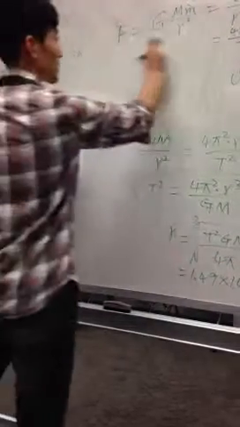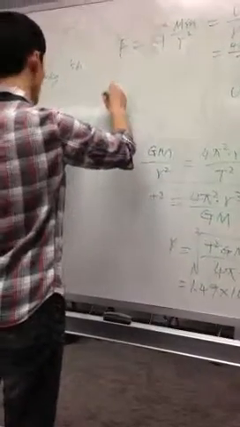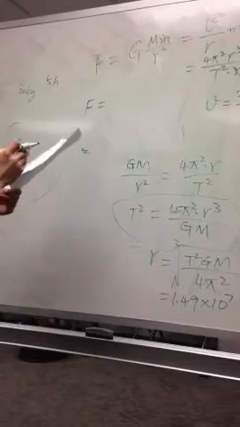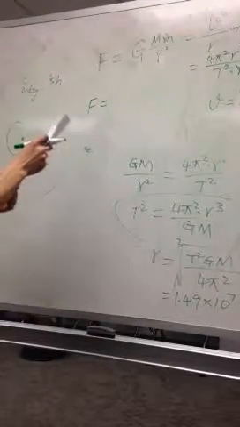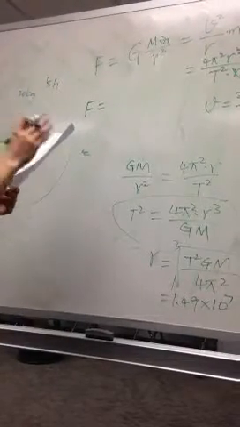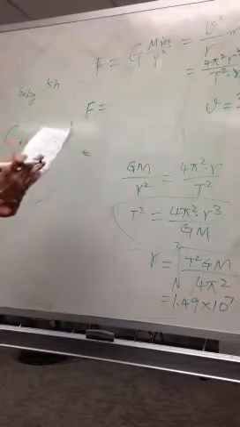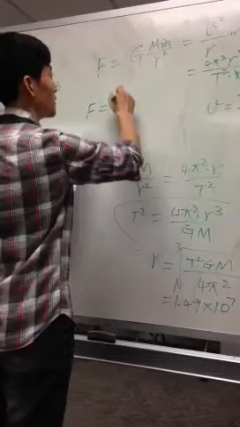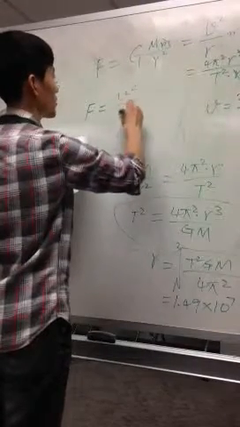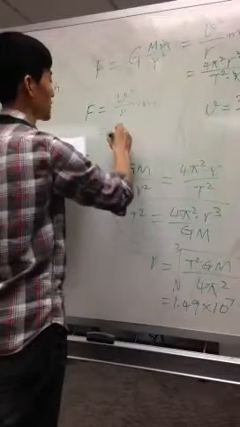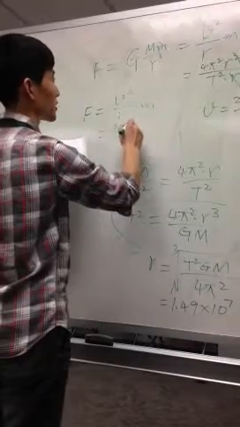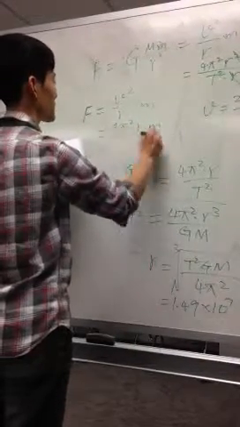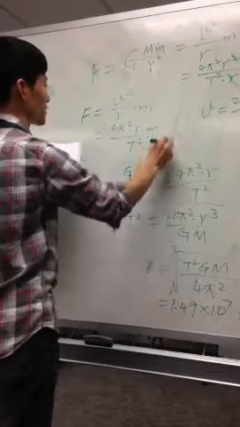And then from here, we know the force. Because the question is asking you what's the gravitational force. So the force will be v squared over R times M, which is 4 pi squared times R times M divided by T squared.